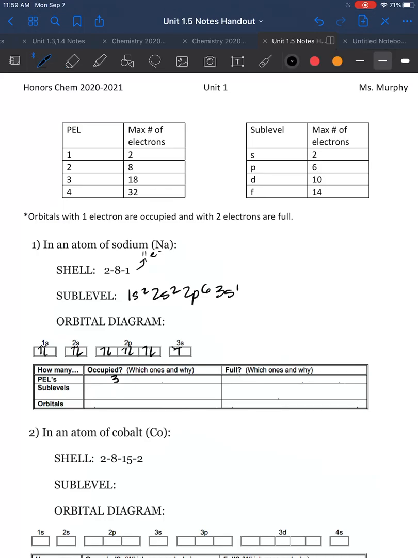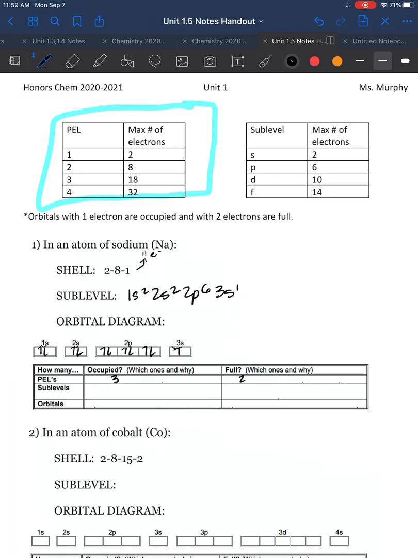Okay, so which ones are full? Well, if we think back to our little table here, the first one can hold up to 2, so that is full. Is the second one full? Yes, it has 8 electrons. But the third energy level can hold up to 18, so that one's not full. So we should have only gotten 2 here.